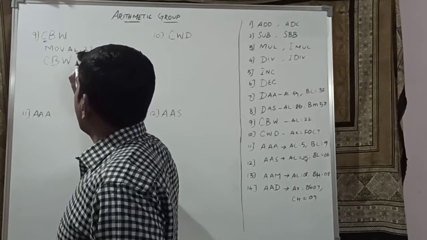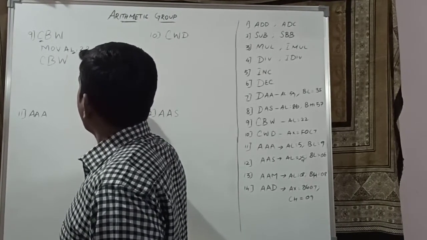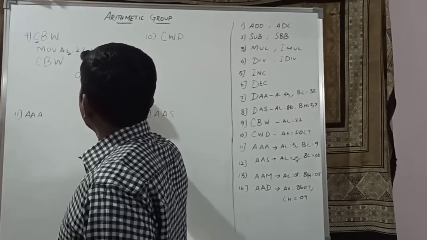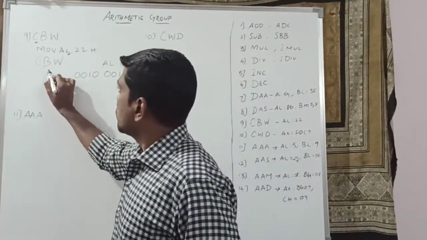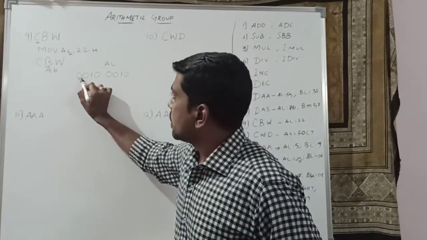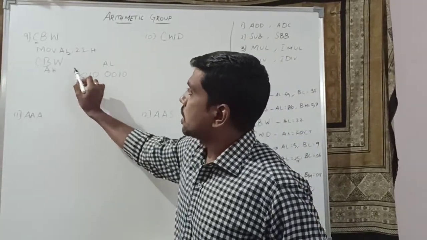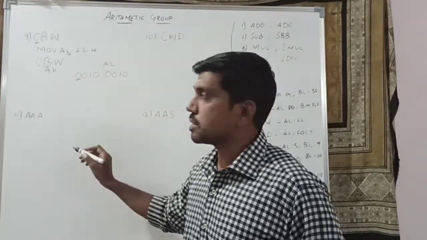First you write the binary number for AL: 0 0 1 0 0 0 1 0. This value is held in the AL register. Now you extend the bit. Here the signed bit value is 0. This 0 is copied to the entire 8 bits of the AH register.